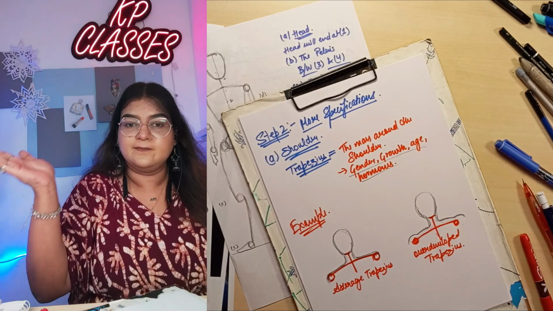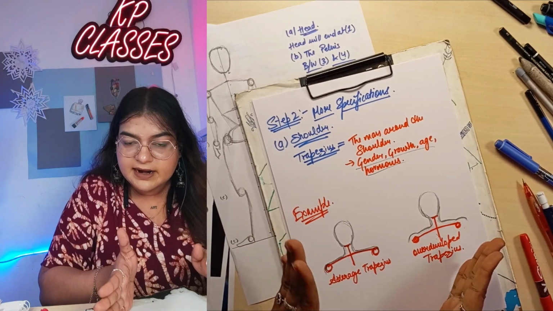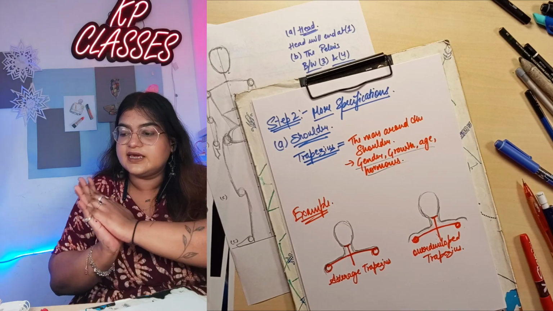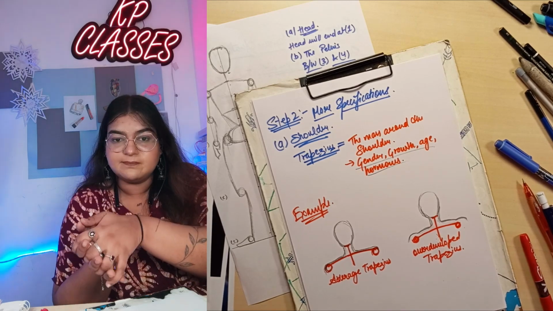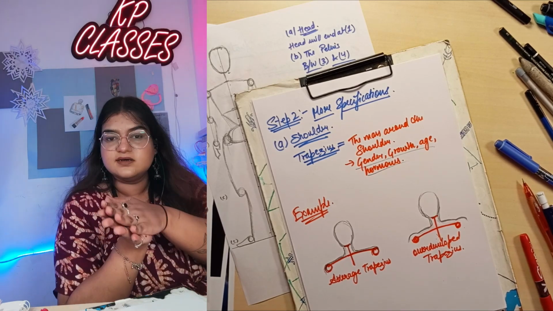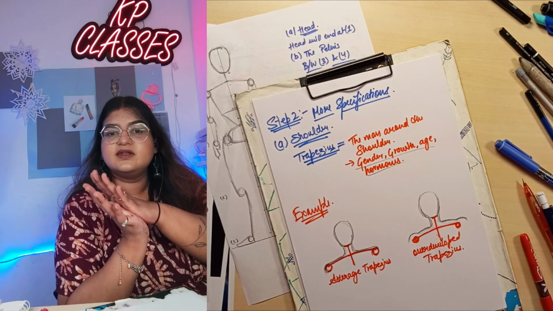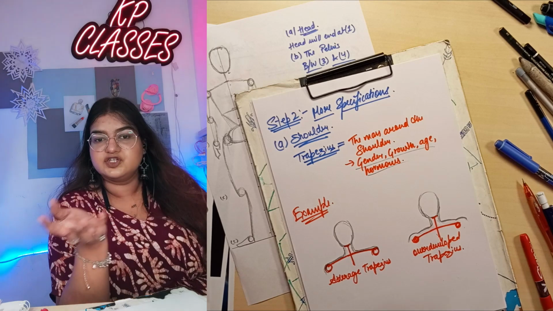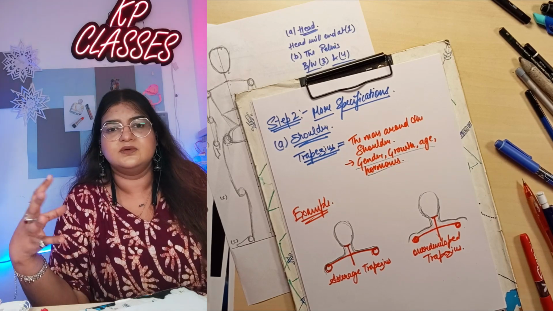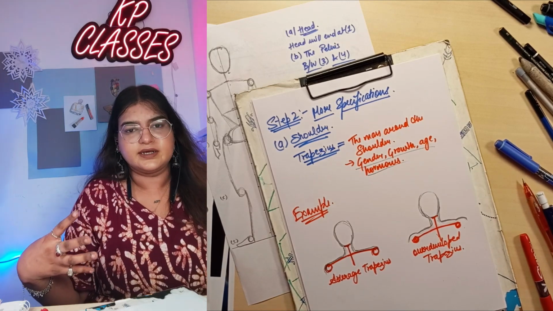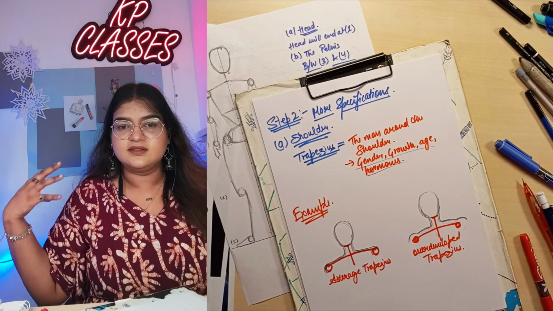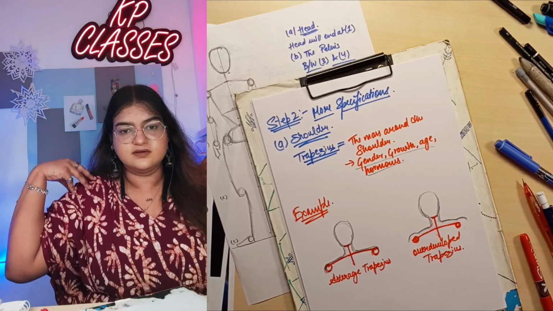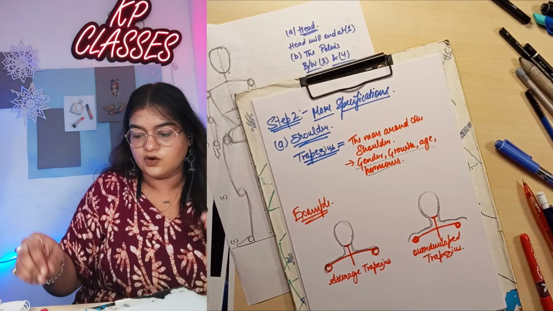Then you are going to add more mass into it, and for that matter, you are going to take such examples and reminders in your head: if my figure is a person who goes to the gym, or who is younger, health oriented and more focused on their health, then we have to make their shoulder a little upward, right?